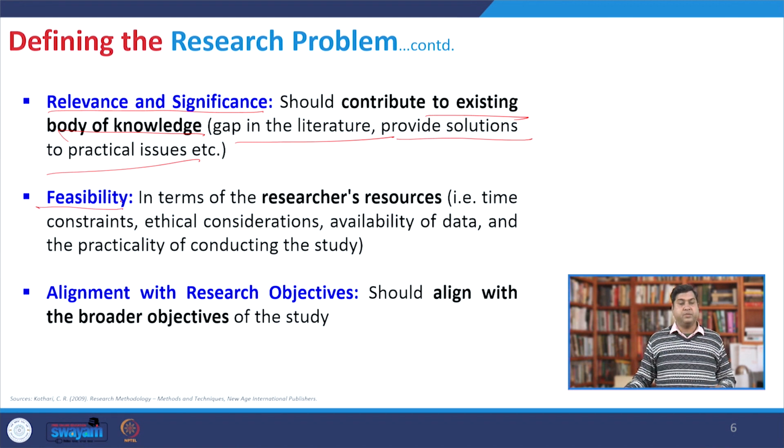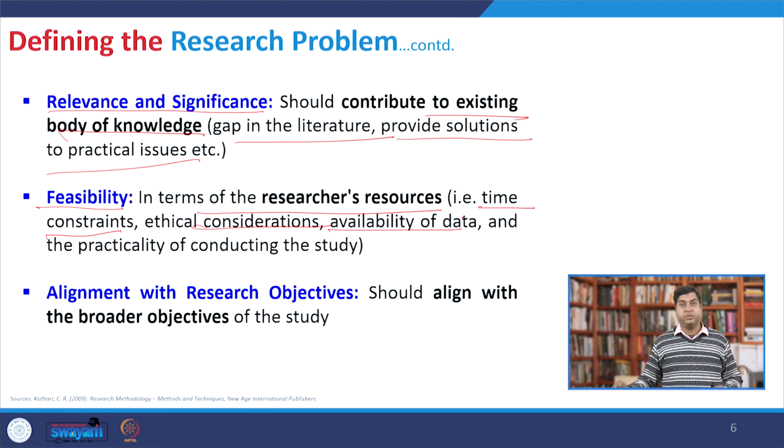Next is feasibility. In this case also, if you define the research problem properly, it can manage the researcher's resources. So, what are the resources? We have a time constraint, and we have some ethical considerations to be made if we are going to do some sort of data collection or analysis where ethical approval is required.